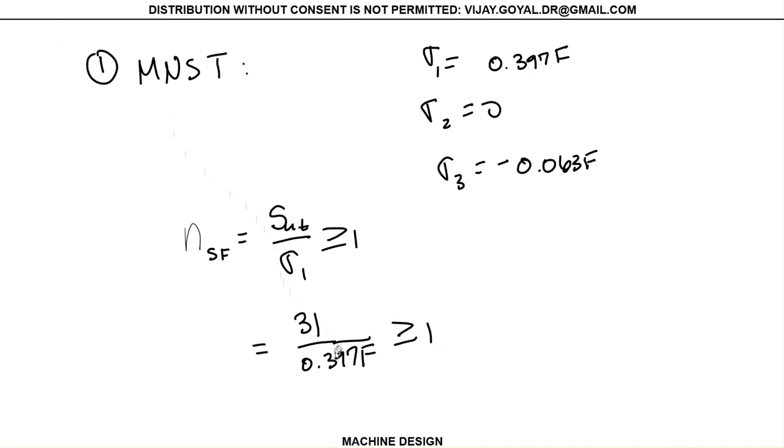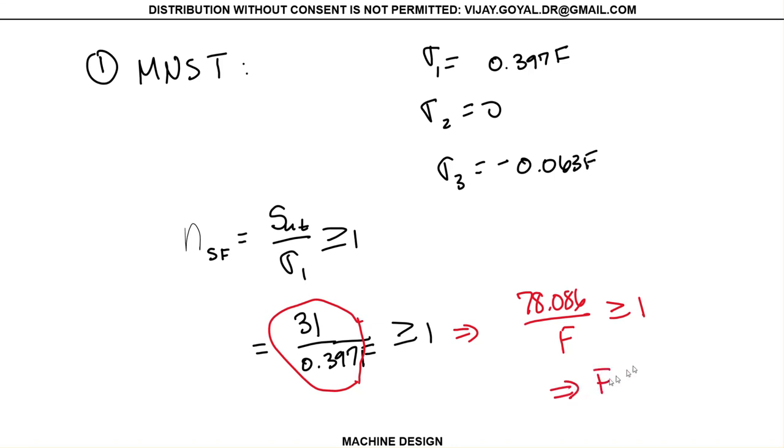And this particular value is what your MATLAB code is giving you. So what you're really getting from your MATLAB code is 78.086 divided by F, bigger or equal than 1. Then from here you can say F is less or equal than 78.86. Okay, so this is the first value for the first theory.